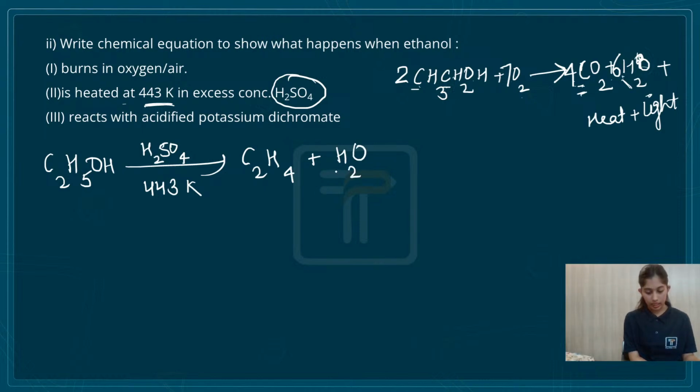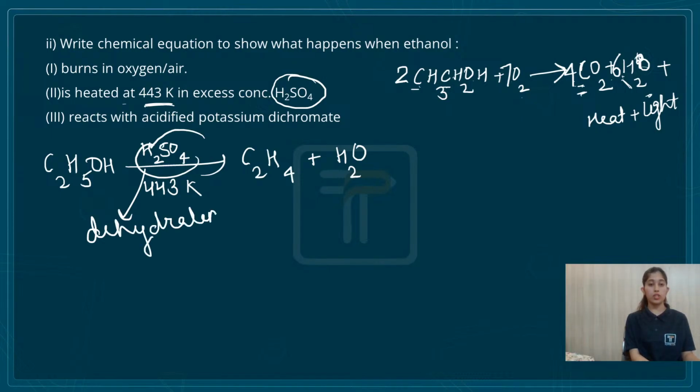H2O will get removed, because H2SO4 here is a dehydrating agent. It is going to remove the water molecule. If I write this in expanded form, you should know how it removes water, right? And the water goes away. What is left? C2H4 and water.